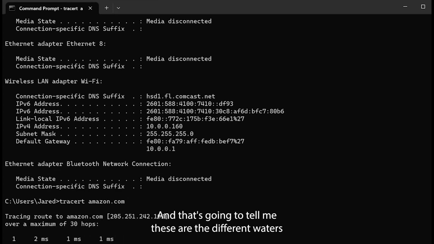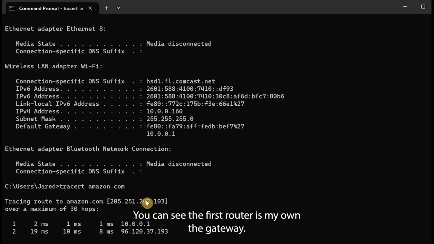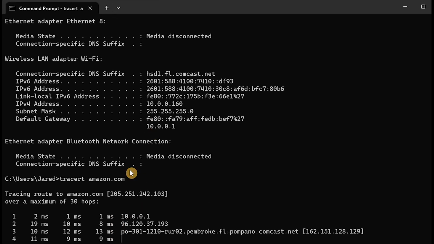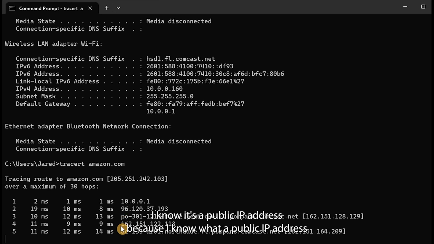And that's going to tell me the different routers that I go through from my house to Amazon.com. You can see the first router is my own default gateway. The second router is a public IP address. I know it's a public IP address because I know what a public IP address looks like.